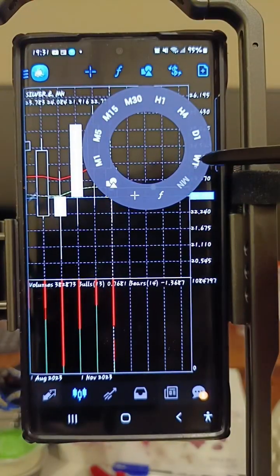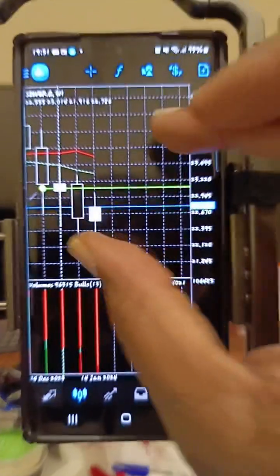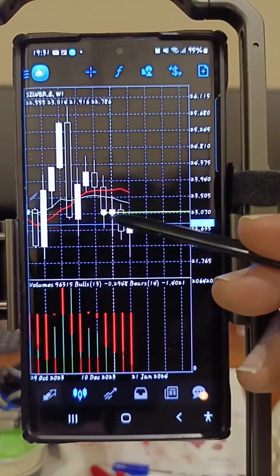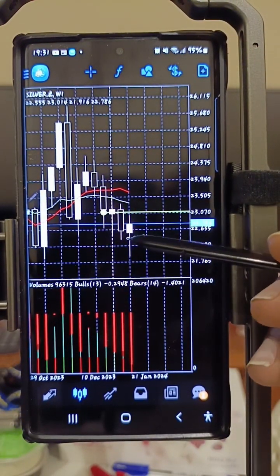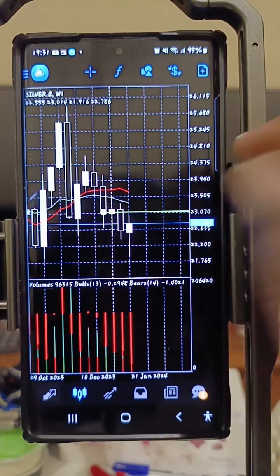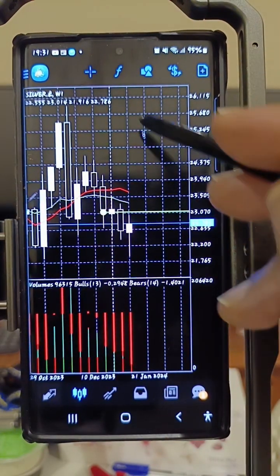So if I go to the week, okay, clearly you can see in my line here, this is the month. I'm looking for it to come back, test the 20, and then start to make its way.